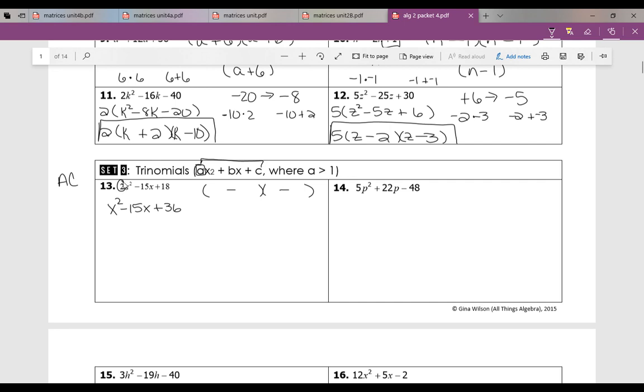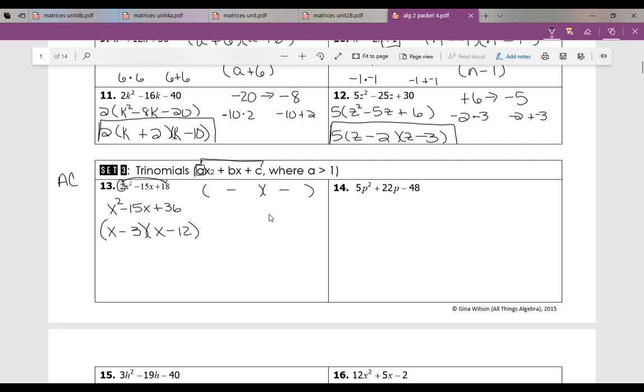So I took the 2 back here and multiplied it. Now, that presents a problem like we were just doing. What are factors of 36 that will add up to 15? Three and 12. All right. So I'm going to do x minus 3, x minus 12, because we already said that we were going to use minus minus. We already established that from the get-go.